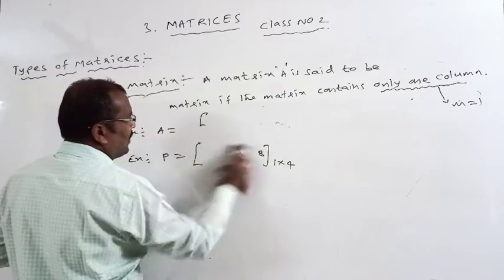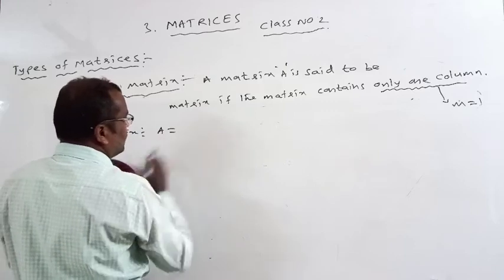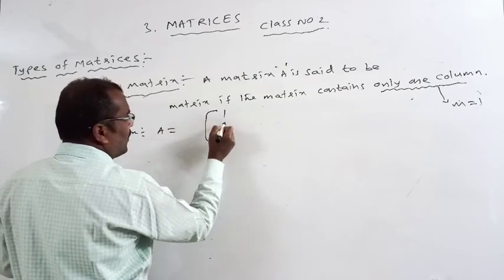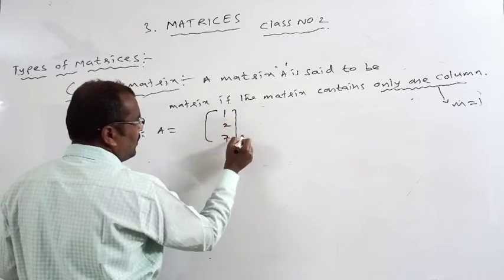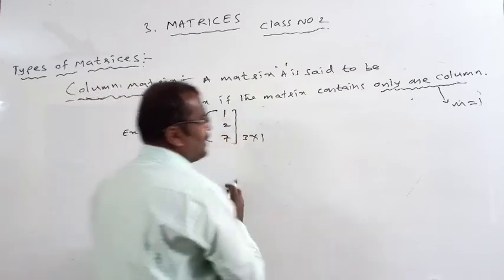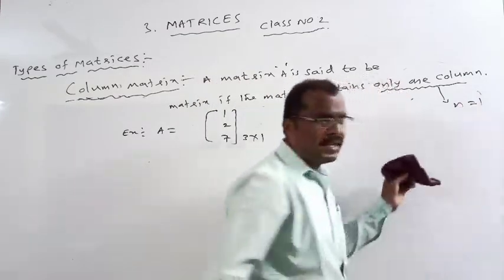So give an example now. Only one column. 1, 2, 7. 3 rows, 1 column. Means here n is equal to 1. n should be 1.